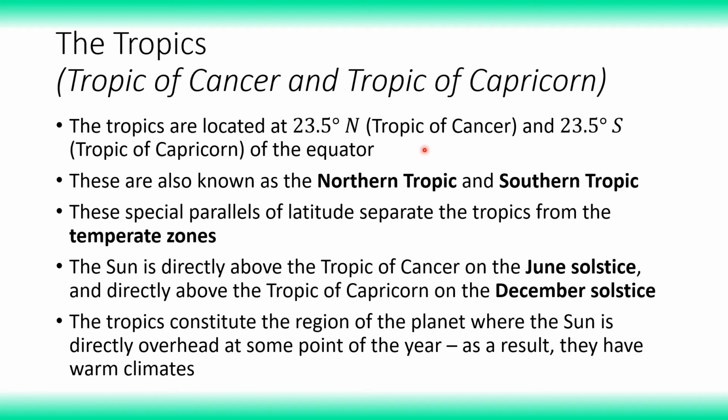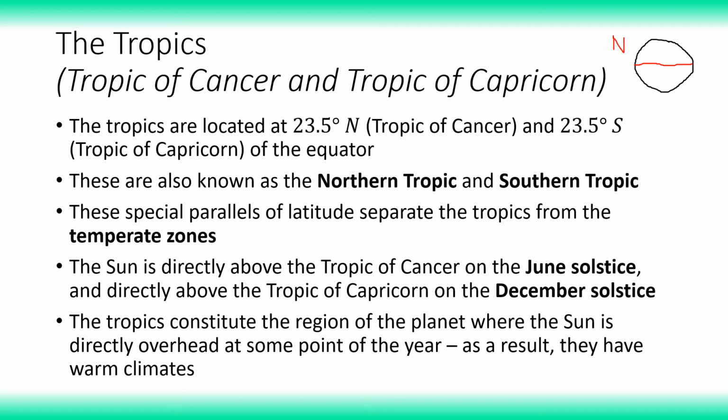So these lines of latitude, these parallels of latitude, or circles of latitude, if you will, they separate the tropics, so the region of the planet known as the tropics, from the temperate zones. So basically what we have is, we've got the planet that looks like this, roughly speaking. And so then we've got the equator running right across the middle. And so that divides the planet into north and south.